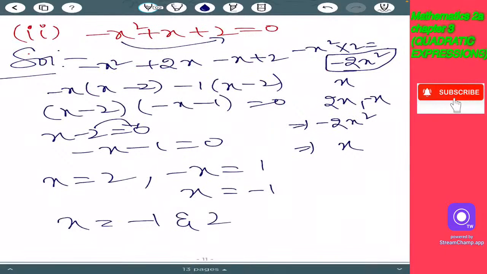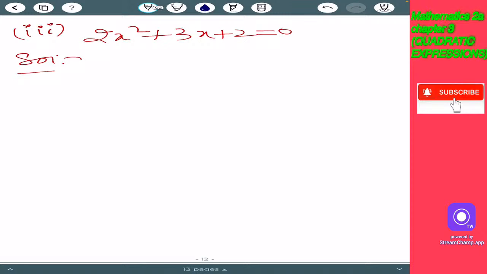So the new equation is 2x square plus 3x plus 2. So what is A? A is equal to 2, B is equal to 3, and C is equal to 2.